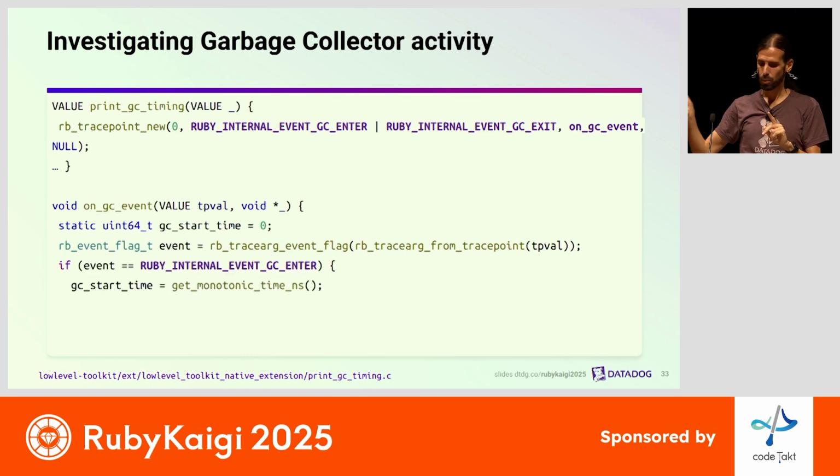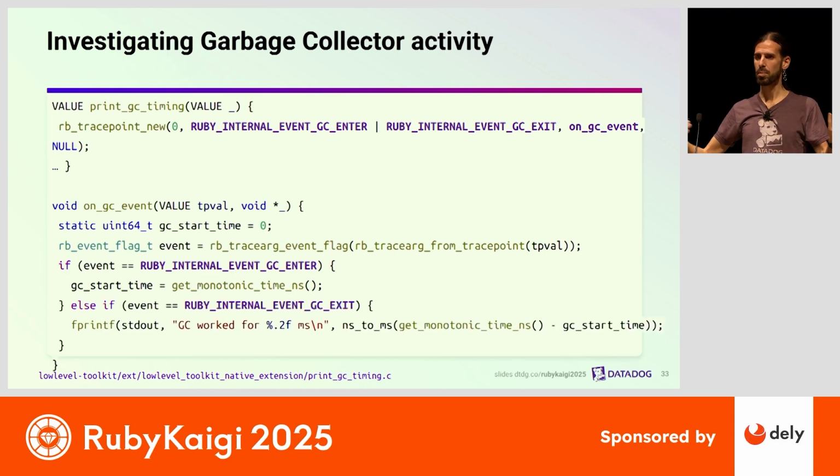If it's enter, what we do is get the current time. I've created this very tiny helper function that is the equivalent of Time.now. We store this current time. And then when the garbage collection finishes, we get the time again, subtract the time of start from the current time, and print how much time the GC took.